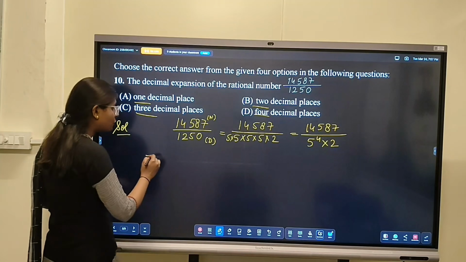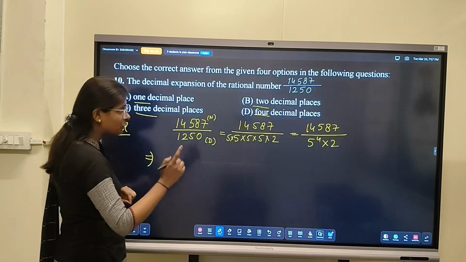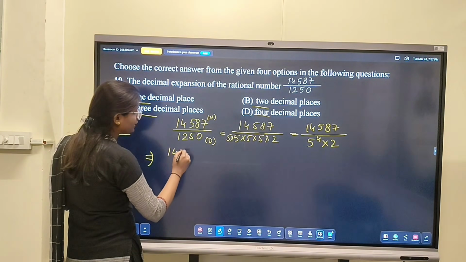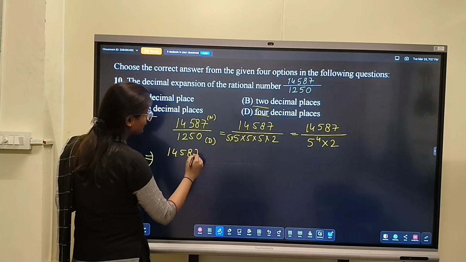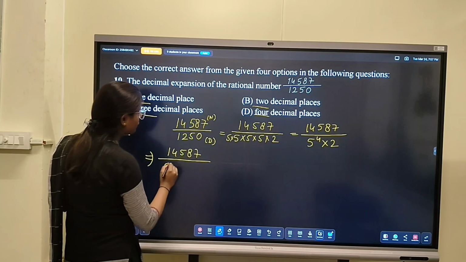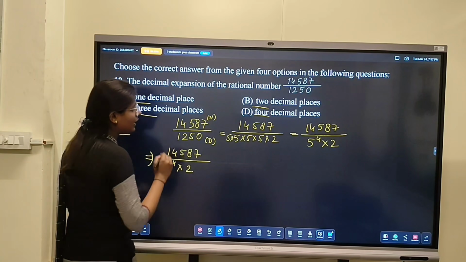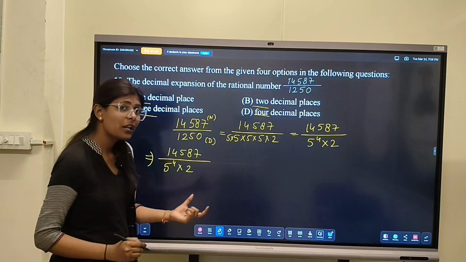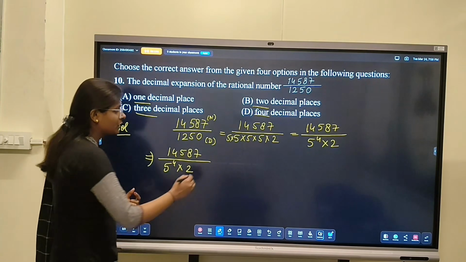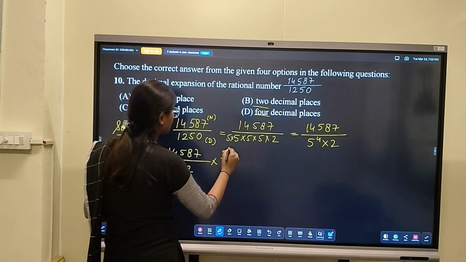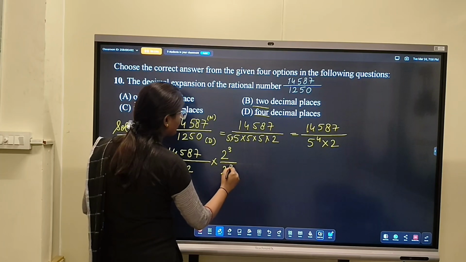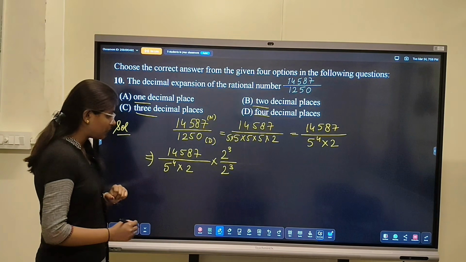So to find out the decimal places, you need to go with the third one, that is 14,587 divided by 5 to the power 4. How many powers of 2 are less? 3 powers are less. So we will multiply the numerator and denominator both by 2 to the power 3.